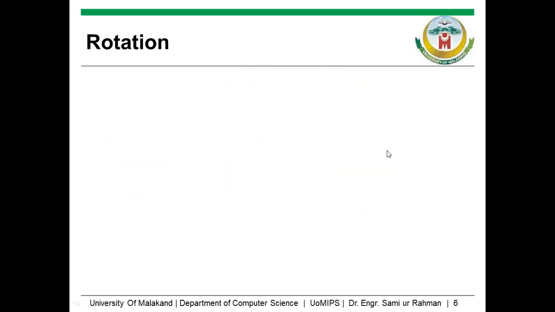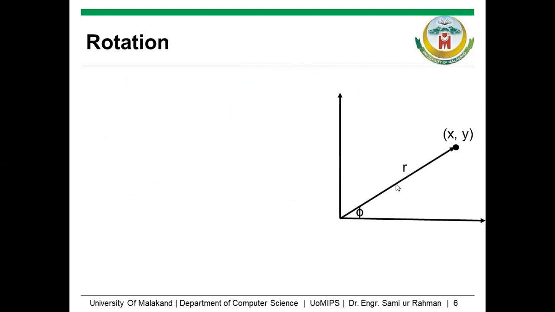Now rotation, so it's a bit complicated, but I will try to explain this. Let's say we have these two coordinates, the x-axis and y-axis, and we have this pixel or point xy.